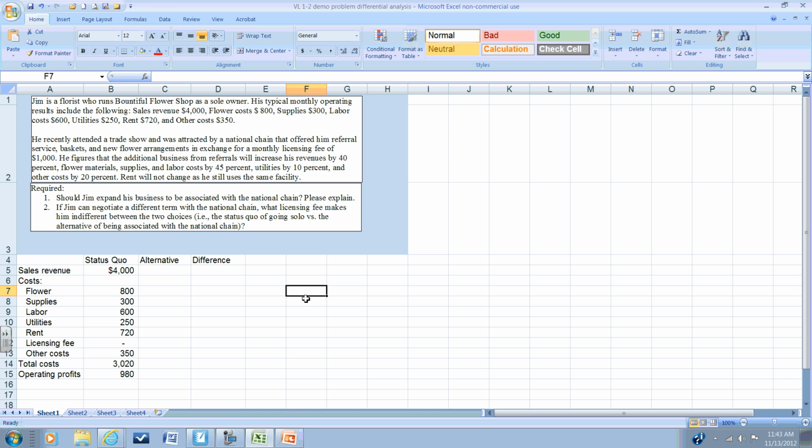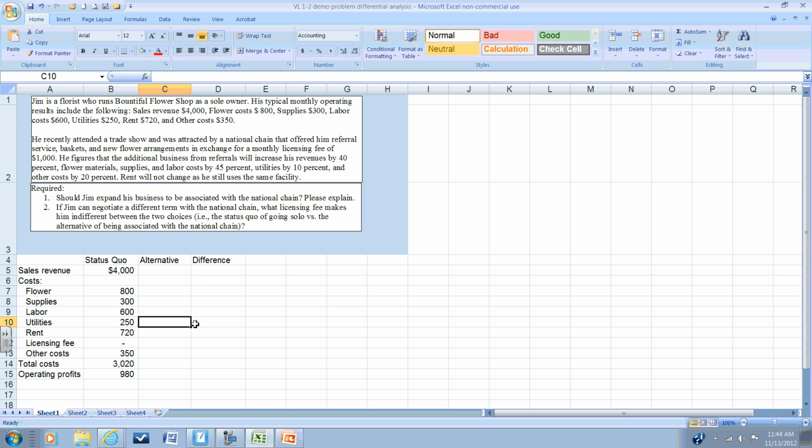In our example, we have a businessman who operates a florist service, flower shop, and we're given his monthly revenue and cost amount, which we've added onto our chart here. And we're told that he has an offer that he can work with a national chain and receive referrals from them. He'll have to pay a licensing fee of $1,000 to do that.